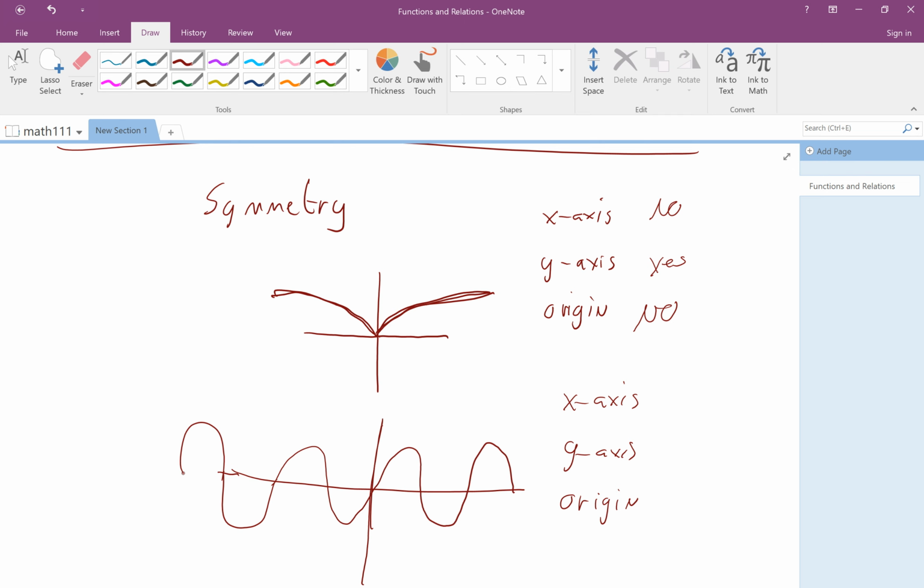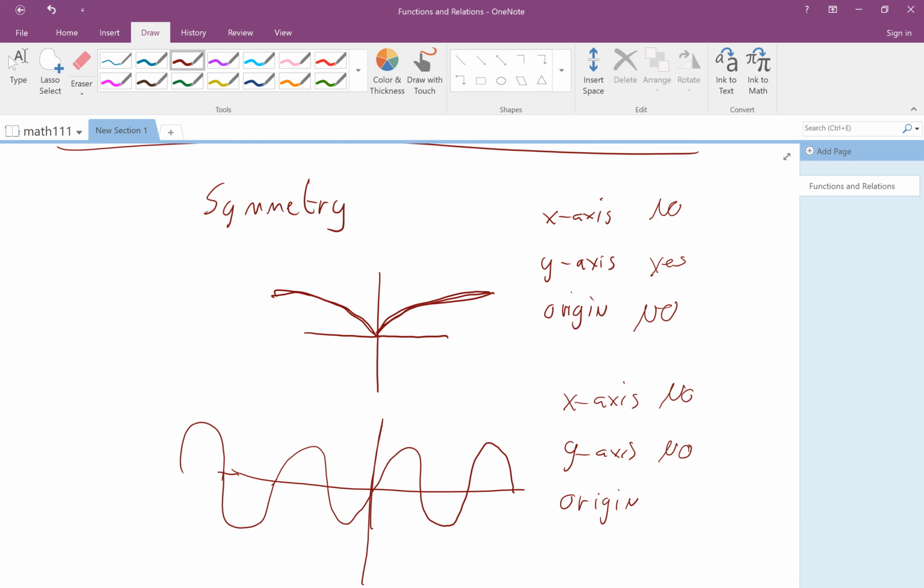No. Looks like it is, but that would have to fold up there, correct? This would have to fold down. So no. Symmetric about the y-axis? If I mirrored this over here, it'd have to be this way. So no.